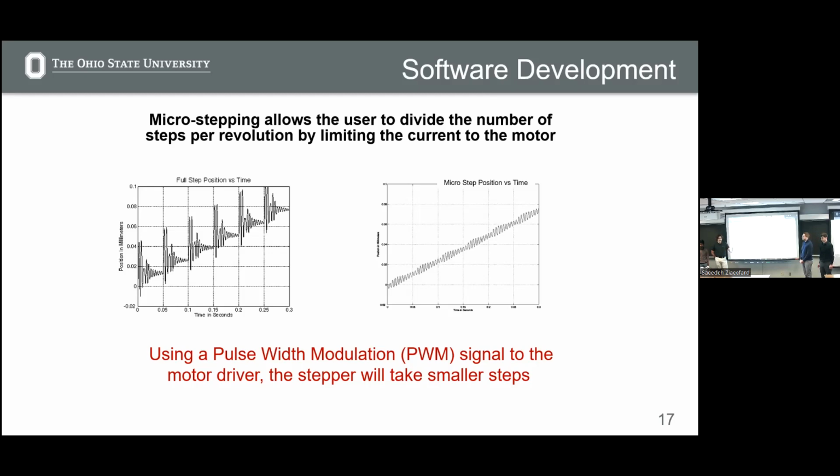What that does is turn it on and off more frequently so that it doesn't get to a full step. And based on the frequency of the PWM signal, you can almost multiply the steps per revolution of the stepper motor. So we'll be testing this in the coming weeks to see how far we can push it and see the resolution that we can get out of the small stepper motors.